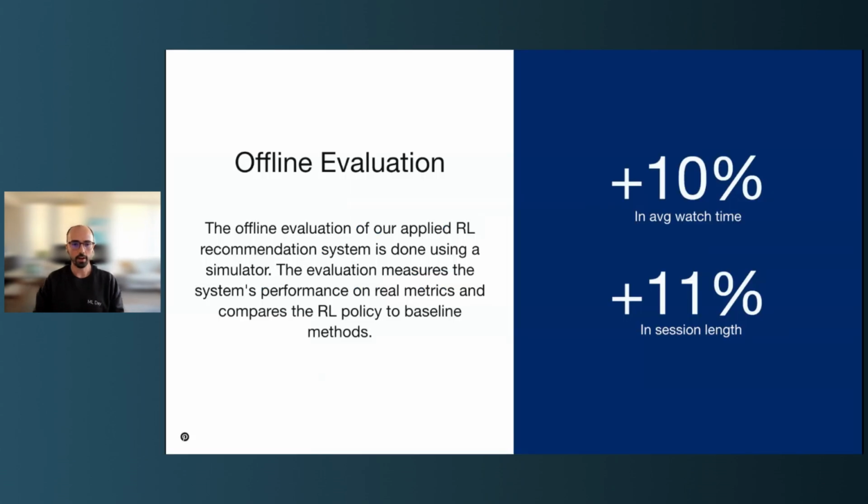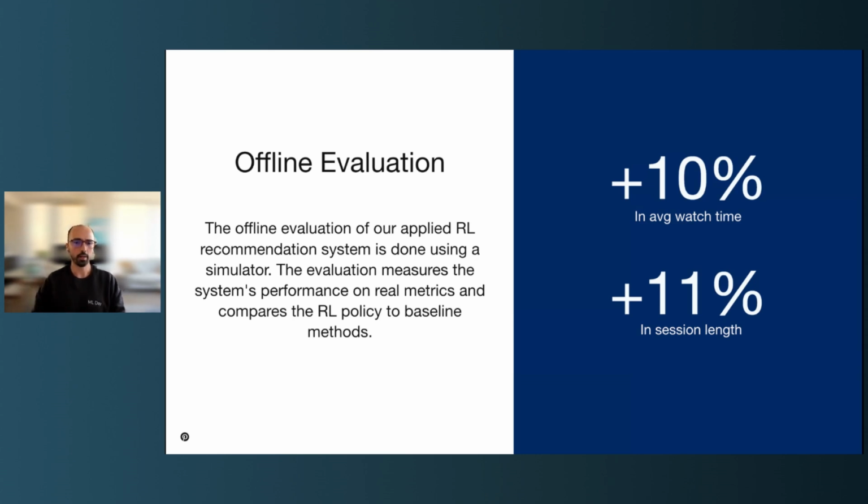For offline evaluation, we use a simulator. We have two policies or two models. One of them is the RL model, and the second one is the control. The control is a greedy model that always selects the best action based on the short-term score.